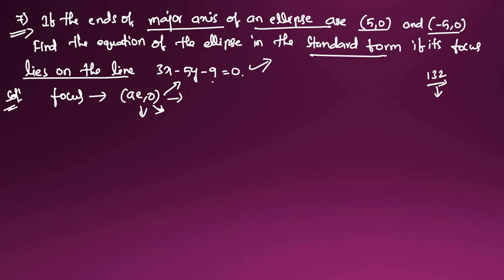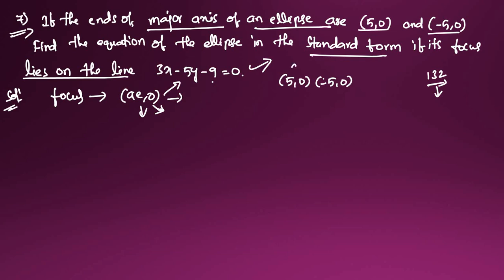Now here, 3x minus 5y minus 9 is equal to 0, no? This is the given line. I am checking once again, 9 only. So here again, he has given the major axis of the ellipse. He has given the endpoints: 5 comma 0 and minus 5 comma 0.